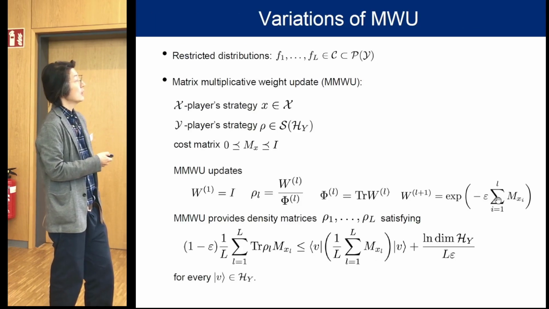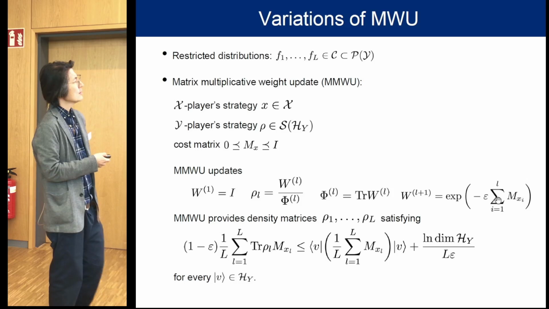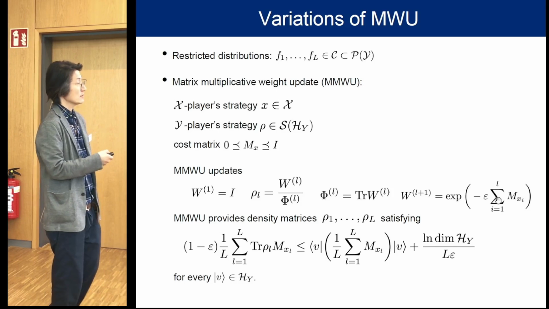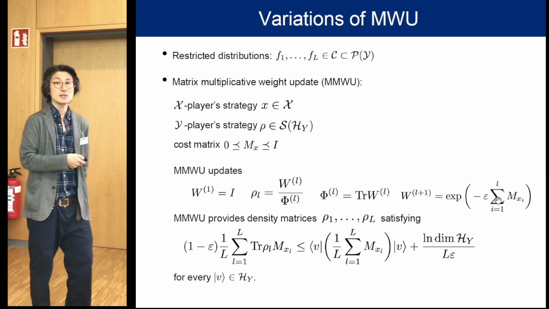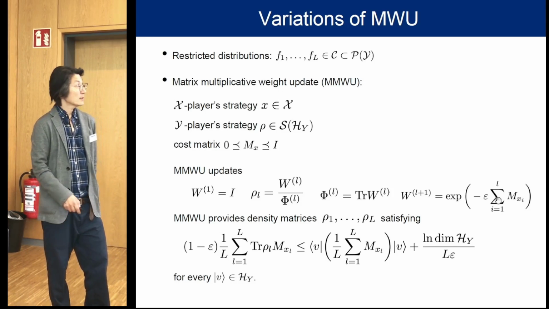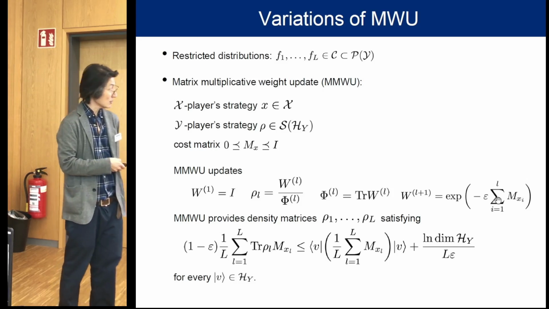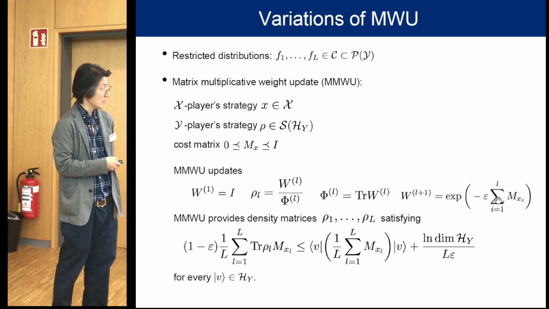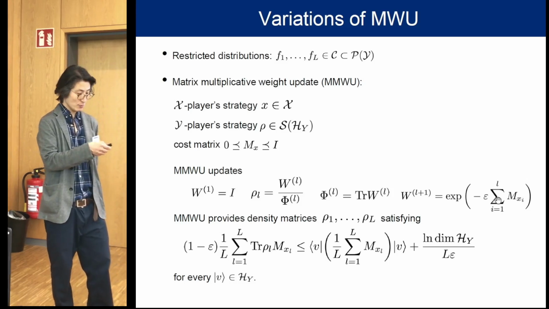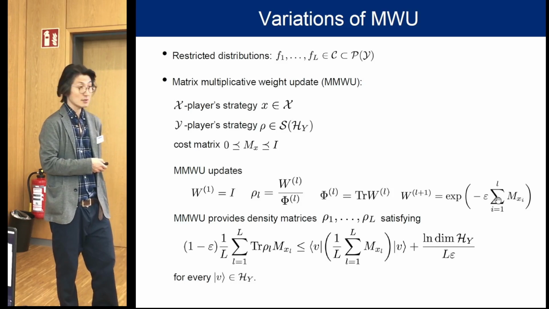For such a version, instead of the log dimension of the output size, we can put some divergence term here. So maybe that version can be used for the continuous case as well. Yeah, or channels with continuous input and discrete output. Yeah, input alphabet, we can consider the continuous case as well. So maybe that might be an interesting direction.